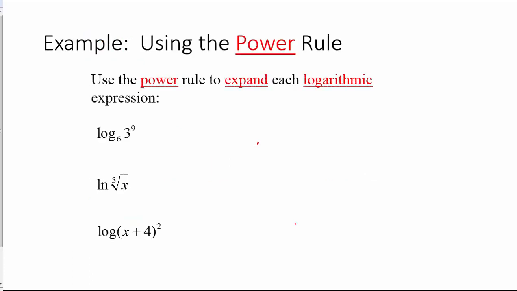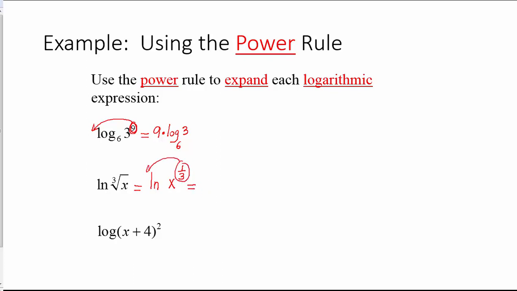So if you had 3 to the 9th here, what you have is the following. I see a power 9 on the 3, make it jump in front. So this becomes 9 log base 6 of just 3, and remember the 9 is times that log. If you have ln of the cube root of x, let's remember that cube root means power 1/3 on x.